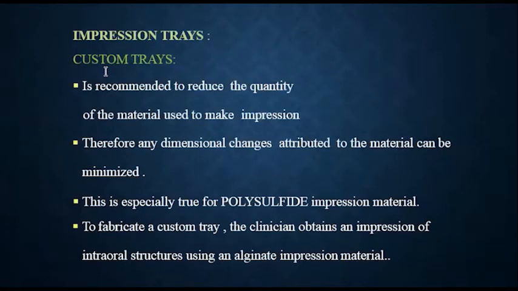For impression trays, generally custom trays are recommended because they reduce the quantity of material, as it's pretty expensive, and any dimensional changes attributed to the material can be minimized because you reduce the bulk of impression material. This is especially true for polysulfide impression material. To fabricate a custom tray, first you make a diagnostic impression, then you fabricate a special tray.